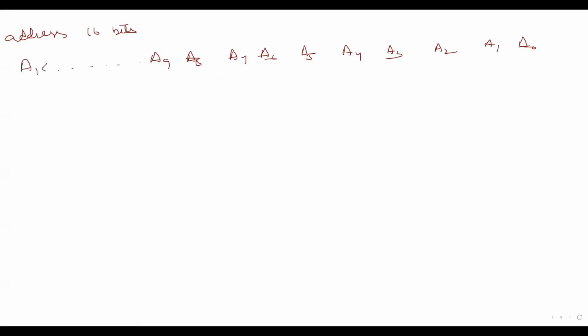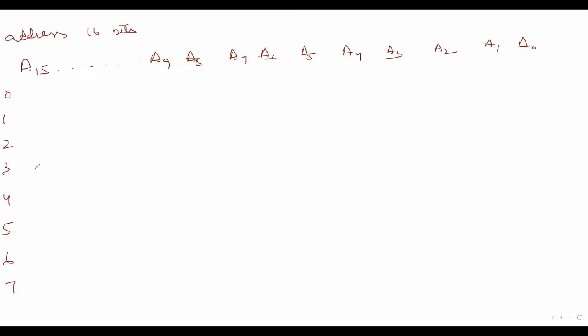We know that we have addresses of 16 bits: A0, A1, A2, A3, A4, A5, A6, A7, A8, A9, up to A15. How many interrupts are there? There are 8 interrupts: 0, 1, 2, 3, 4, 5, 6, and 7.